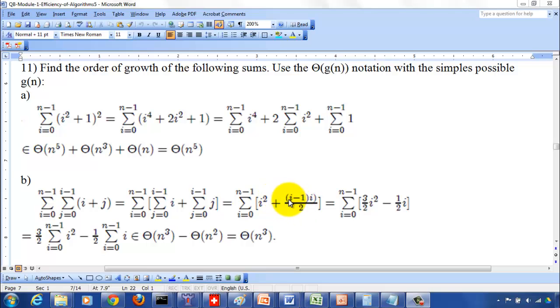So it is i minus 1 times i over 2, so it's i square minus i over 2. If you take the LCM, it's going to be 3 over 2 i square minus i over 2. So either way, this is theta of n cube minus this one, which is going to be theta of n square. So I can say this is theta of n cube.